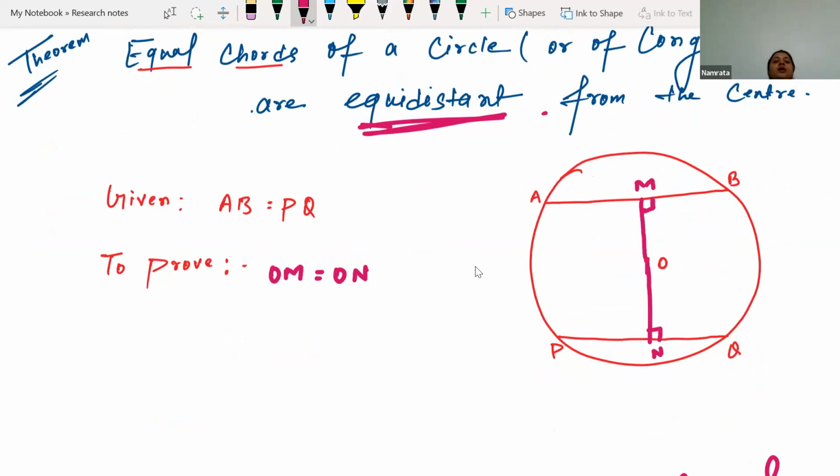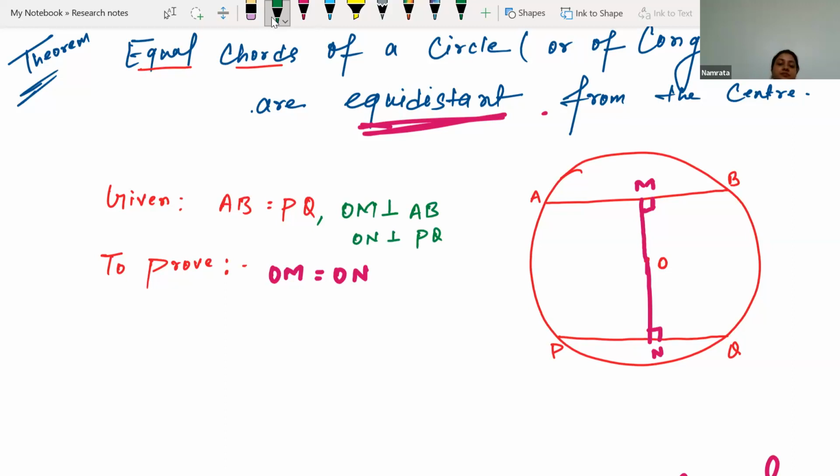OM is perpendicular to AB, ON is perpendicular to PQ. We have to show that OM is equal to ON.